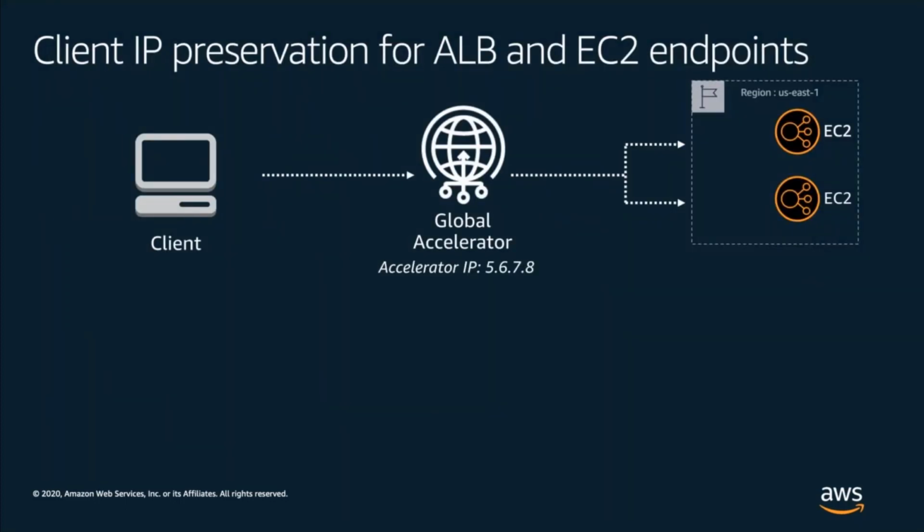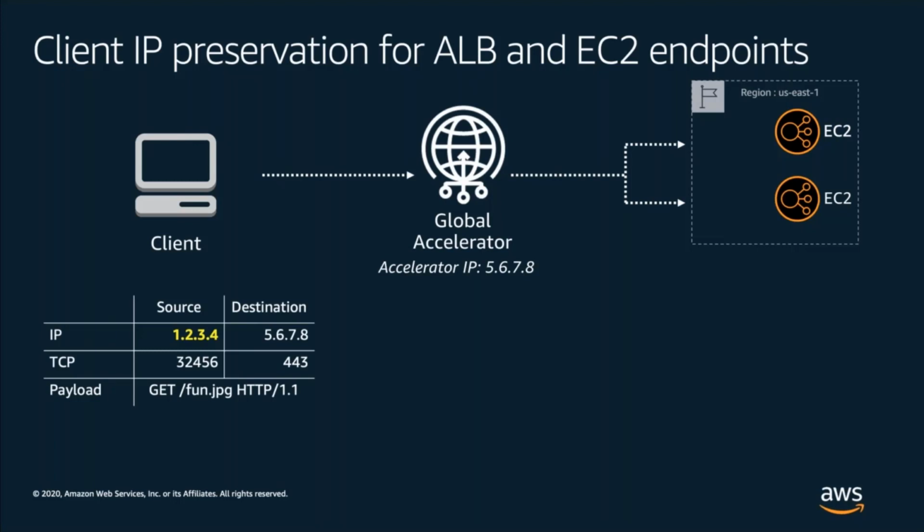So client IP preservation, which you get by default with ALB and EC2 endpoints: your client, with source IP in this case 1.2.3.4, will talk to the Global Accelerator static IP, in this case 5.6.7.8.